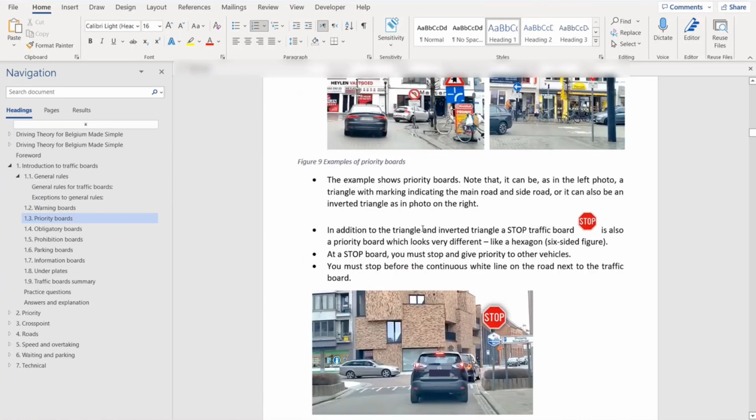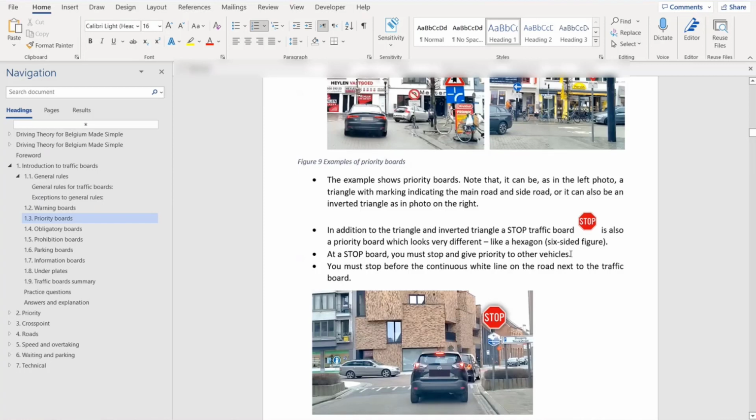So in addition to the triangle and inverted triangle, there is also a stop board, a very peculiar six-sided shaped board, which is a stop board. And this is very important to pay attention to because when you see this board, you must stop and give priority to all the vehicles.